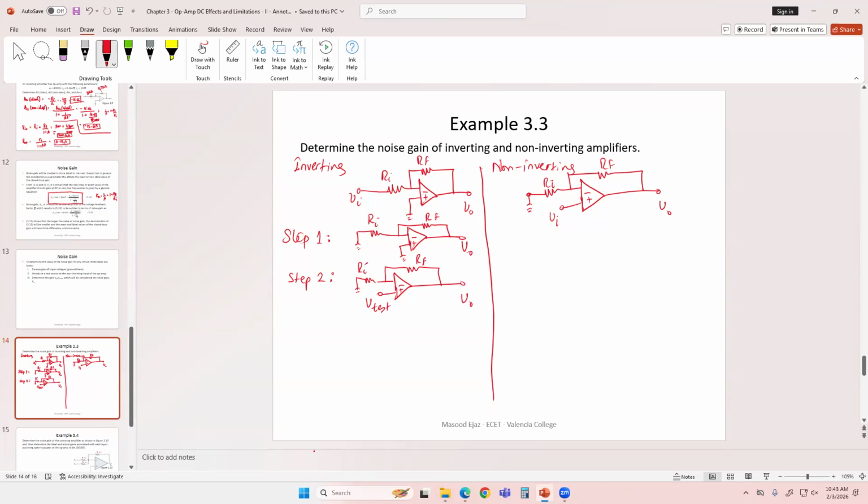And then measure the gain, V output over V test. Who is going to tell me the gain expression? 1 plus RF over R1, because again, this becomes a non-inverting amplifier. Instead of using V input as the input, we just use V test in this case. And the noise gain expression is simply 1 plus RF over R input.